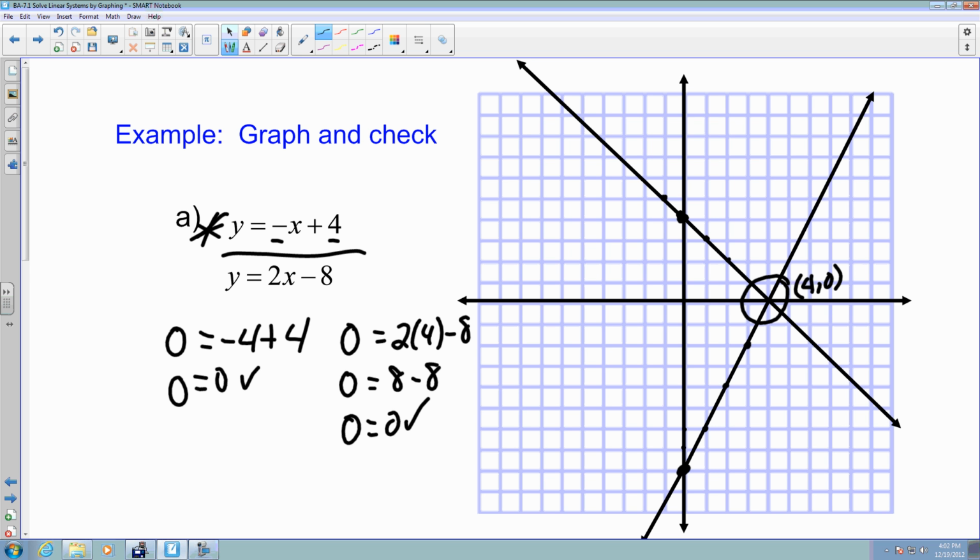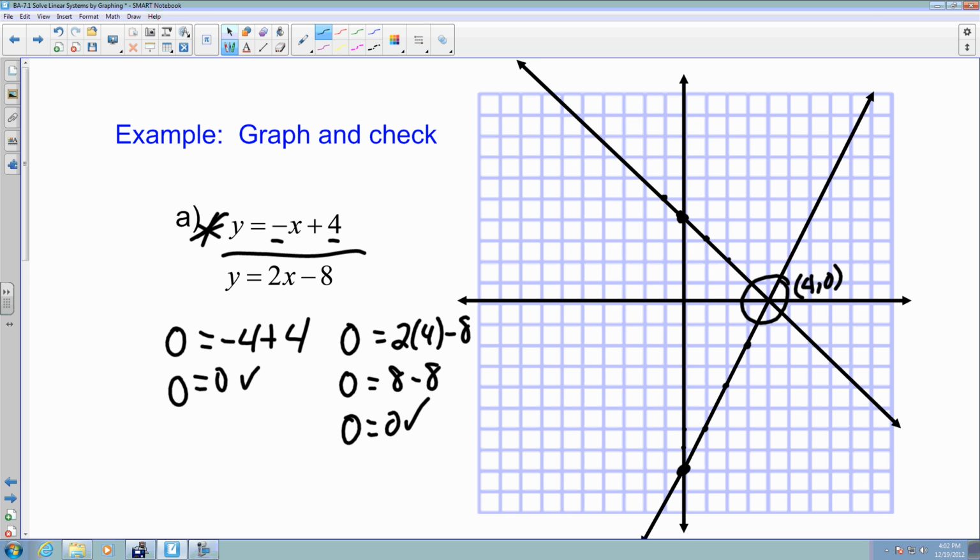Sometimes when you get a graph that doesn't have such clean values, like here we have 4, 0, you might get something like 0.37 repeating, comma 5.685 or something like that.